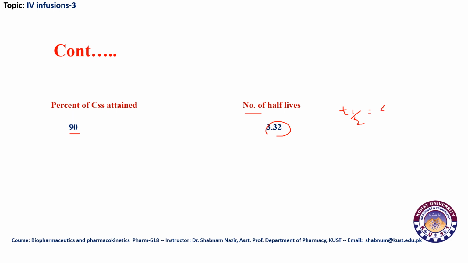So what this concept simply means is that if we are interested in how long it would take to attain 90% of the steady state level, then we are supposed to multiply this number of half-lives with the elimination half-life, which is 4.